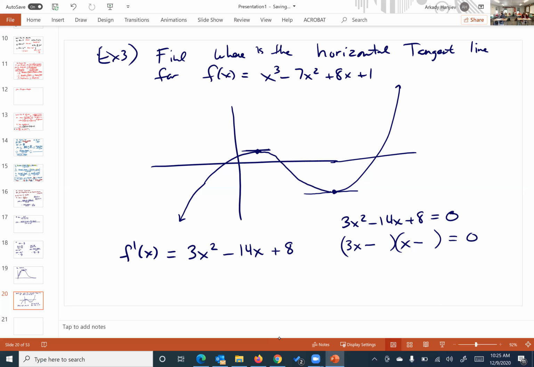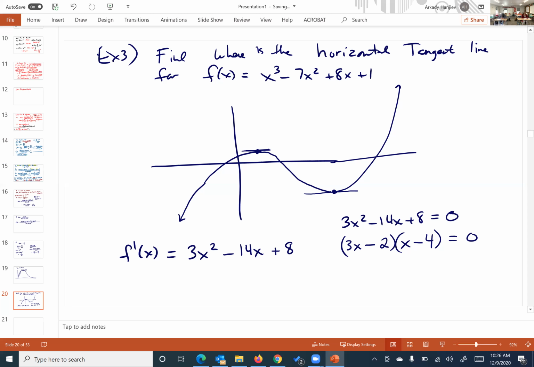So our choices are 8 times 1 or 4 times 2. Oh, because there's a 3. Yeah, we just don't know how to do algebra 1. If we had written it down, we could have, but we were trying to be lazy. Is it 3x minus 2 times x minus 4? I'll go with that. Okay, perfect.